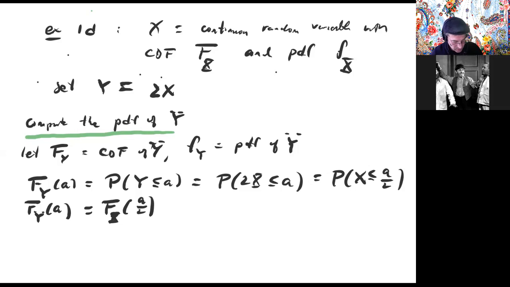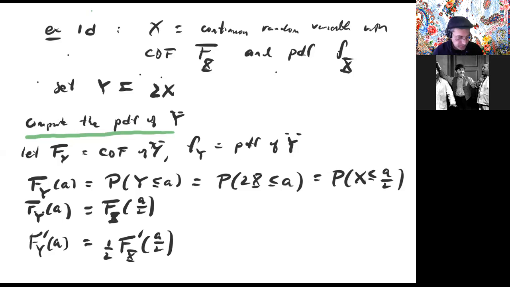If we take the derivative of the left side, what do we get? Well, we're going to get F_y prime of a. And on the right side, by the chain rule, the derivative with respect to the variable a is 1/2 the derivative evaluated at a over 2 of the CDF of the random variable x.